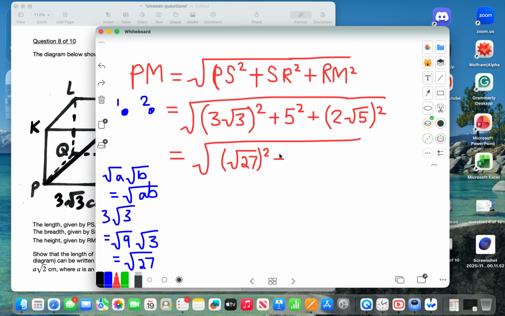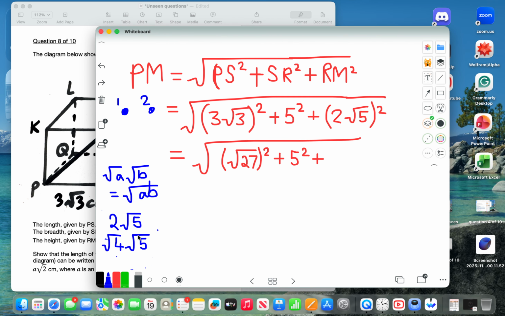Add 5 squared. And it's the same idea with 2√5. 2 is the square root of 4. So let's have √4, √5, and make a is 4 and b is 5.